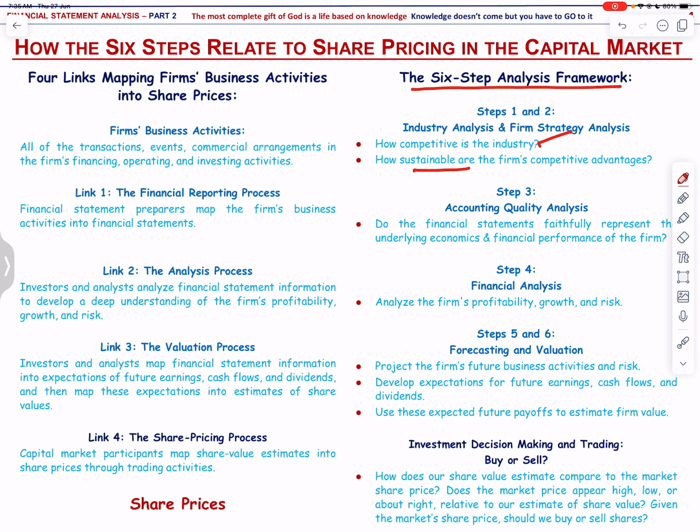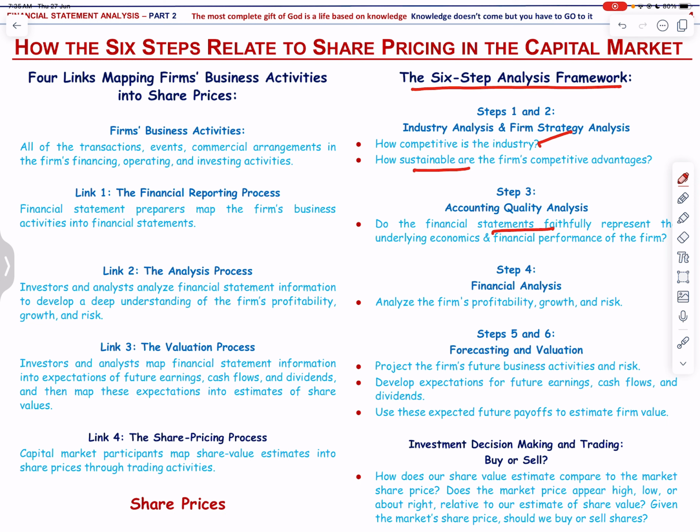In step number 3, we review the accounting information in financial statements to ensure accuracy. We evaluate how well these statements represent the firm's actual financial status and performance.